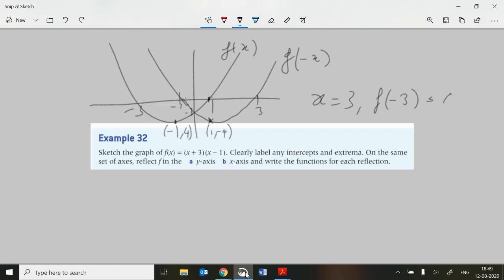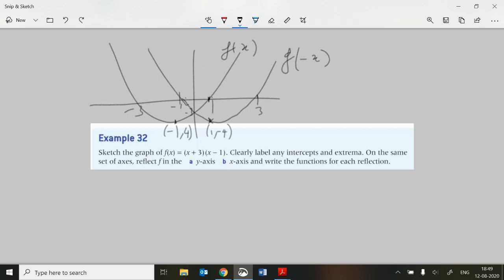So f of -3 is equal to 0. So we're now plotting a 0 at 3. So everything on this side is now getting plotted on this side. And of course, the same happens with everything on this side gets plotted over to this side. Okay, so that's what we're looking to do.